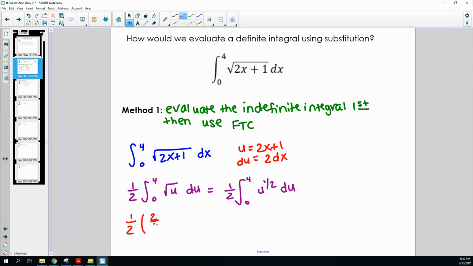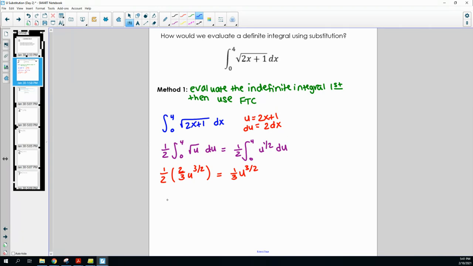So that's going to be 2/3 u to the 3/2. So I'm just going to multiply the 1/2 and 2/3. So I'm going to get 1/3 u to the 3/2.